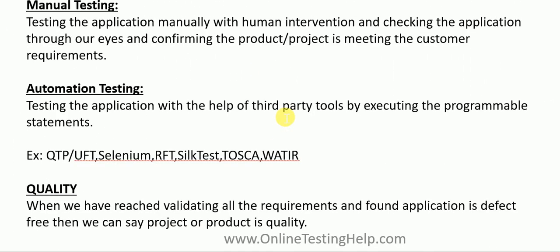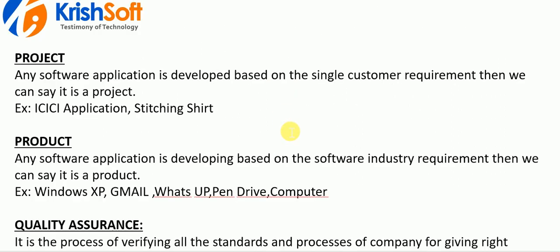What is quality? We are trying to deliver a bug-free or defect-free application, then we can say the application has quality. The target of a tester is to deliver a bug-free application to the customer.